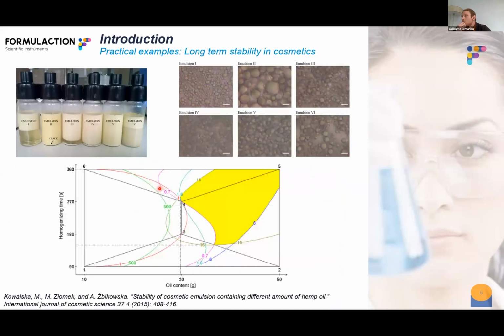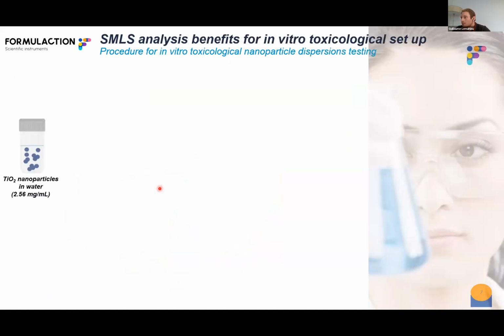And also a quick example in cosmetics, in which we helped to predict the stability of cosmetics regarding different parameters, such as the process with the homogenizing time and homogenizing speed, and also the additives and the components inside, such as the oil content or the surfactant type and concentrations.